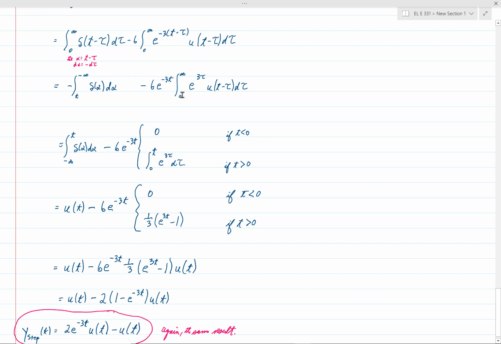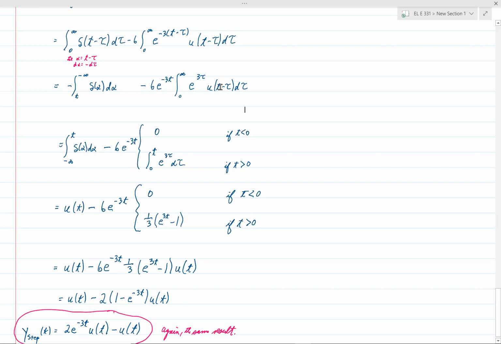So if t lies somewhere in the range between 0 and infinity, we can say that some of the time this u function is equal to 1 and some of the time it is equal to 0. But if t happens to be less than 0, remember now we're thinking about t less than 0.